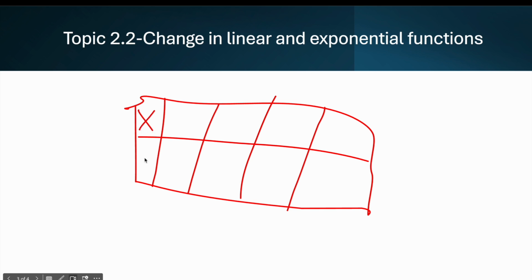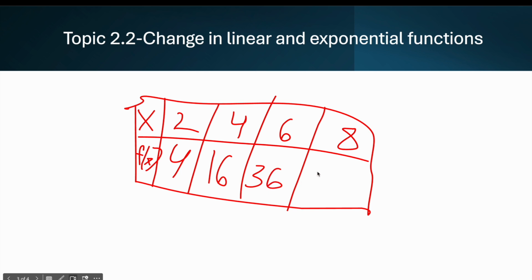Our input value, as we know, is x. Our output value is f of x. So let's use our previous example, 2, 4, 6, 8, correct? But this time we're going to model it as an exponential function, so this is going to change proportionally. This unfortunately does not change like a linear function.